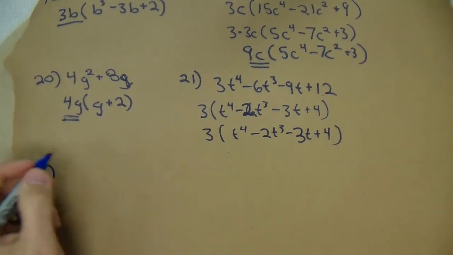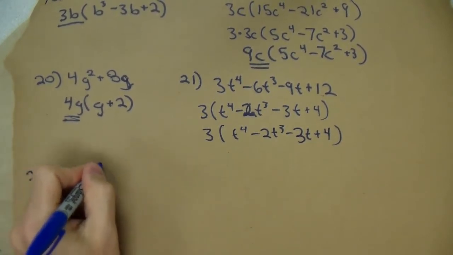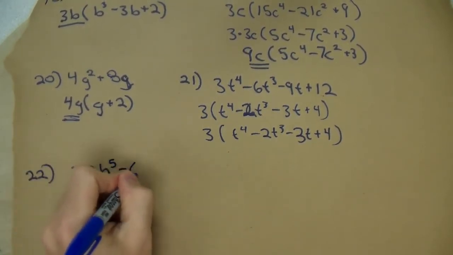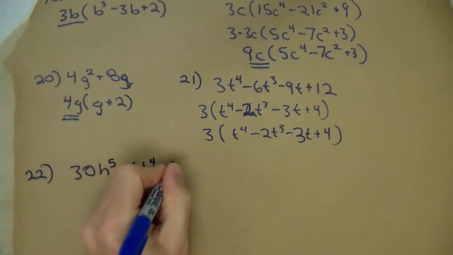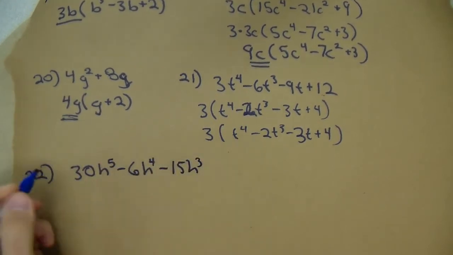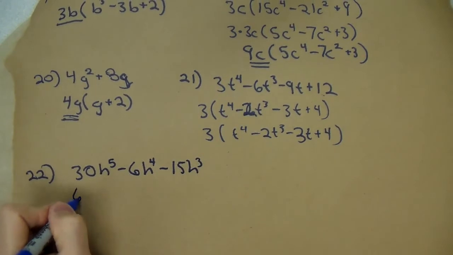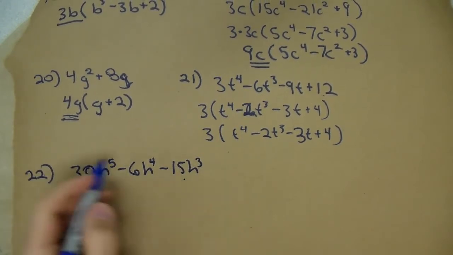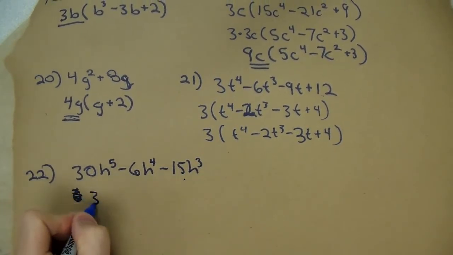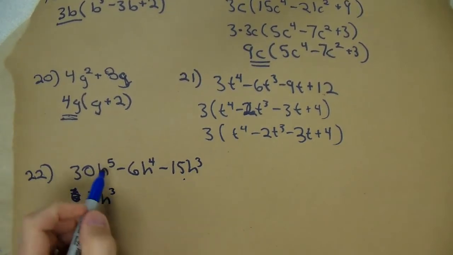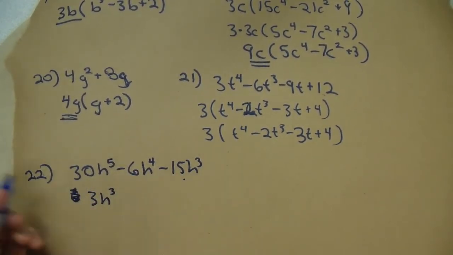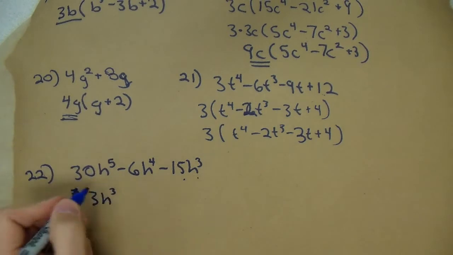For 22, it's going to be 30h to the fifth minus 6h to the fourth minus 15h to the third. I can factor out a 6. Not 15. Can't factor out a 6. How about a 3 and an h to the third? Because h to the third is the minimum that all of them have. That's the smallest one we have.